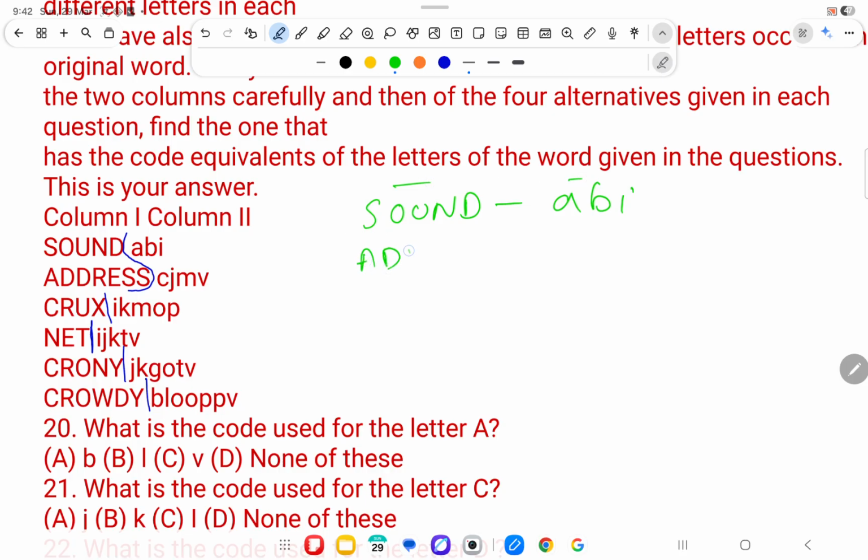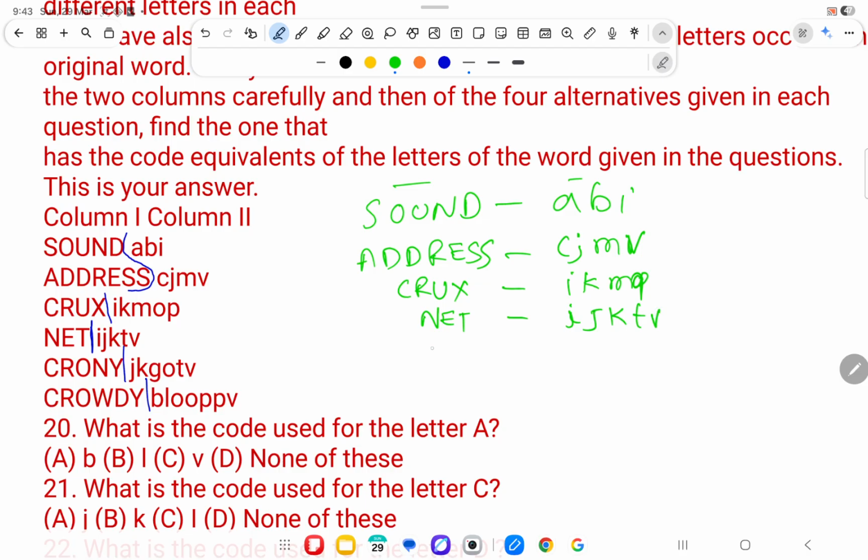Then address, CJMIMV. Then crux, IKMOP. Net, IJKTV. Crony, JKGOTV.